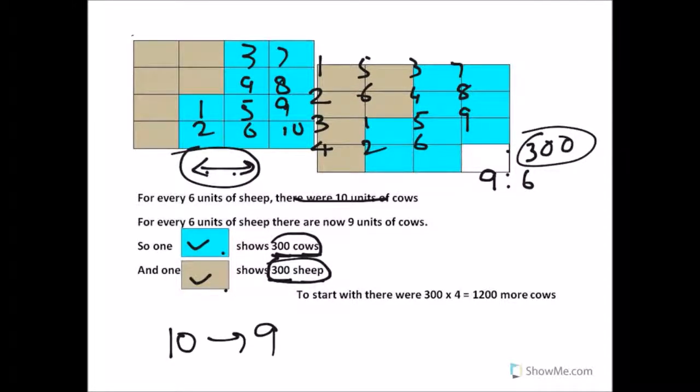And how many sheep? 1, 2, 3, 4, 5, 6. So 10 minus 6 is 4. 4 units are more for the cows. So the number of cows that were more than the sheep was 300 times 4, that is 1200 more cows than sheep in the farm.